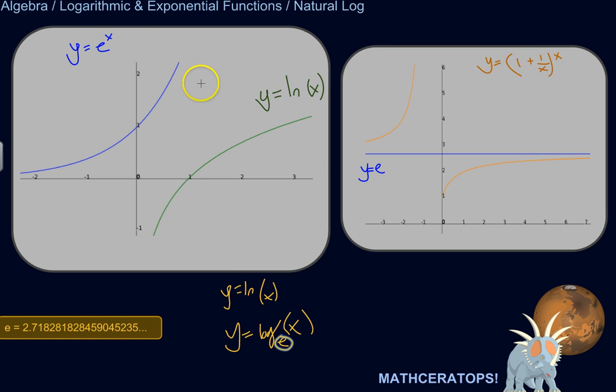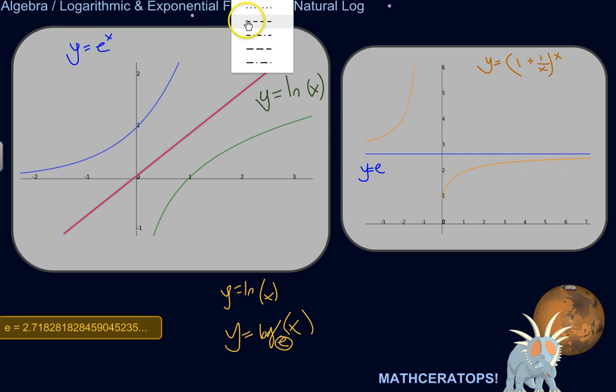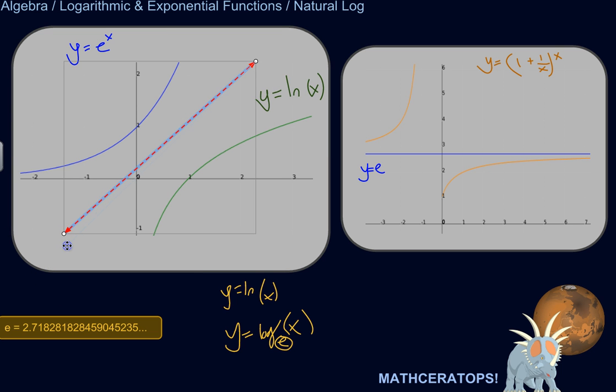It is the inverse of the function y equals e to the power of x, right? So if you were to draw this line y equals x, since they're inverses of each other, they are symmetrical across this line, although this is not really the line y equals x.